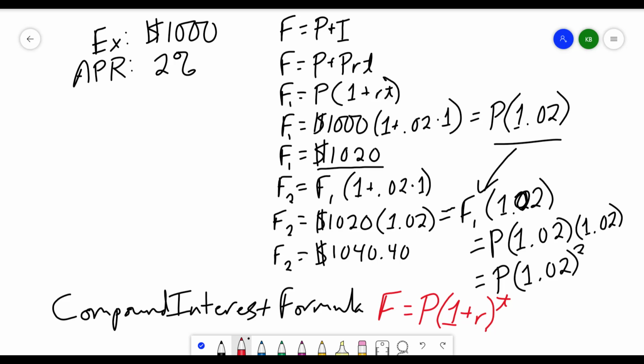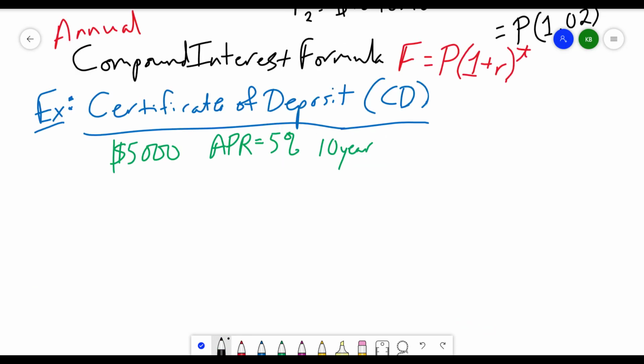So this is our annual compound interest formula.